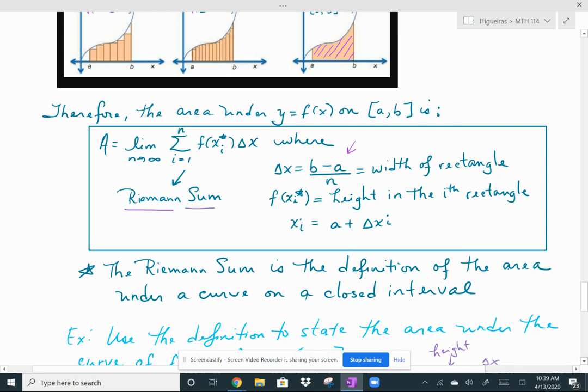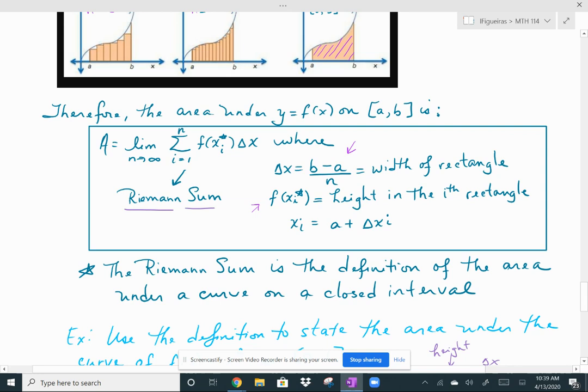Remember, n is approaching infinity in this case, so it won't be a finite number. But it's still computed the same way. B minus a over n is the width of the rectangle. F of x sub i star, well, that's the height of the ith rectangle.